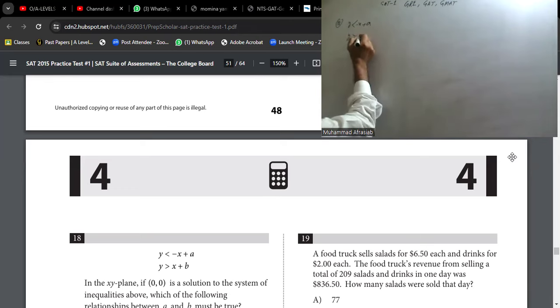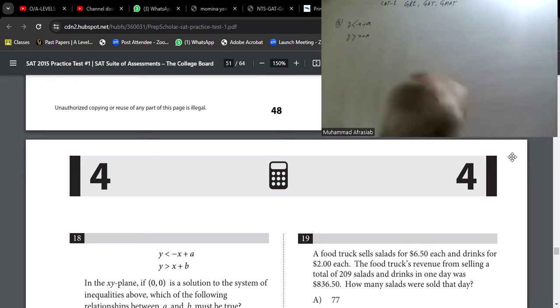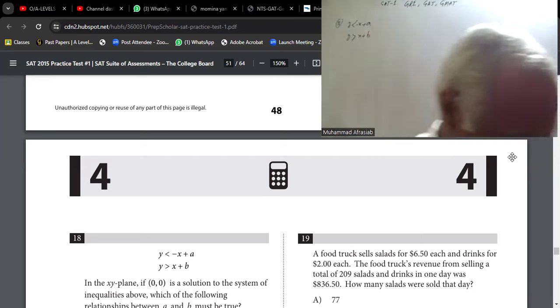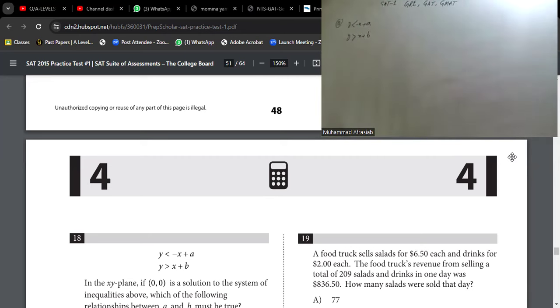And y is greater than x + b. These are the two inequalities given to us now.